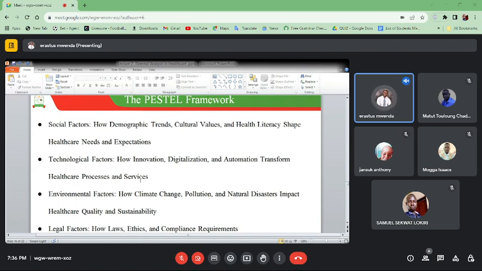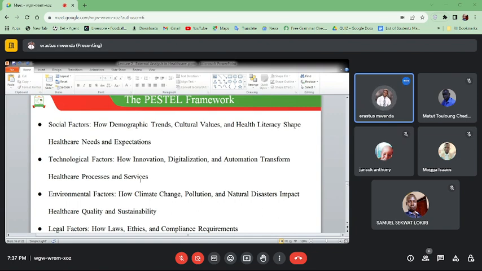That is a conversation that we are having now very many times. Issues around pollution, how are they going to affect how, as healthcare organizations, we offer our services. Issues around natural disasters and their impacts.